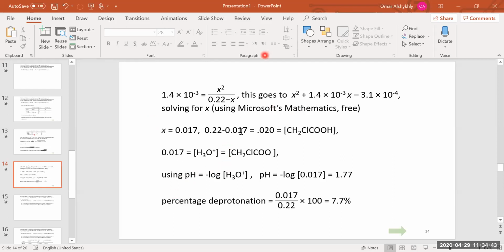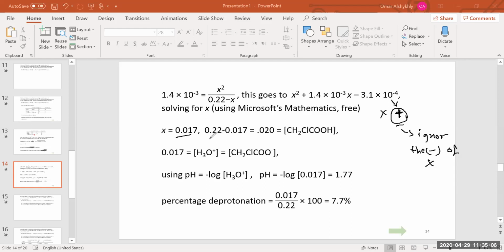Ignore the negative value. In a quadratic equation, x could be positive and negative, but just use the positive. So it will be 0.017.